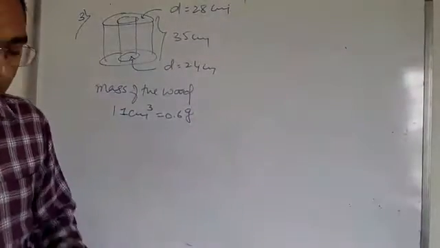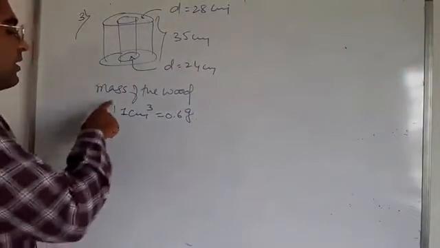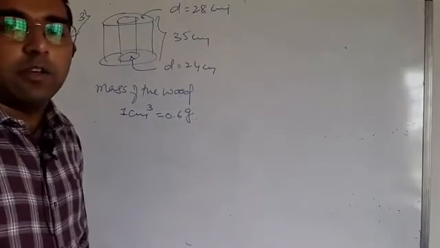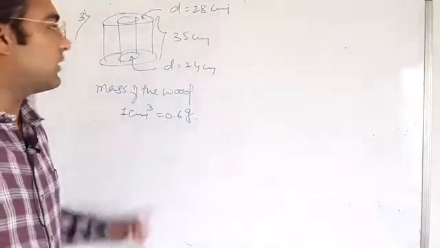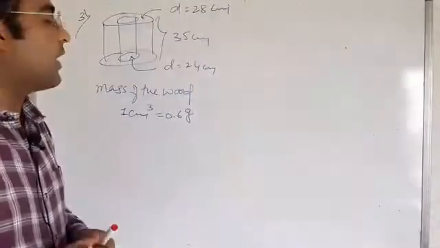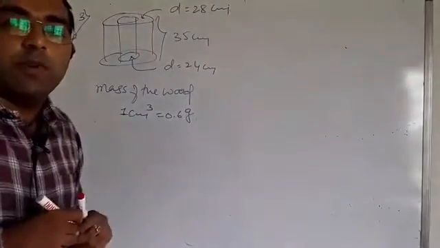So first of all, how to find the mass of the cylindrical pillar? Sorry, that's not a pillar, that's a pipe, that's my mistake. So how to find the mass of the particular pipe?